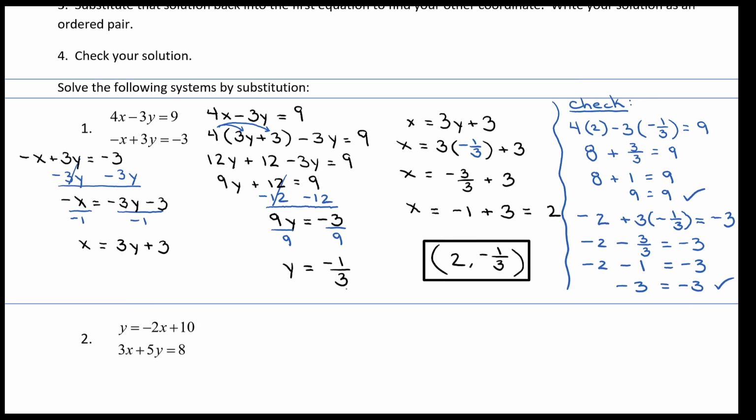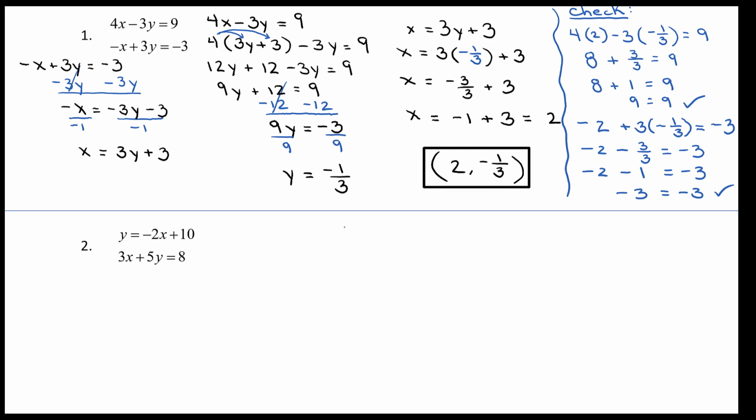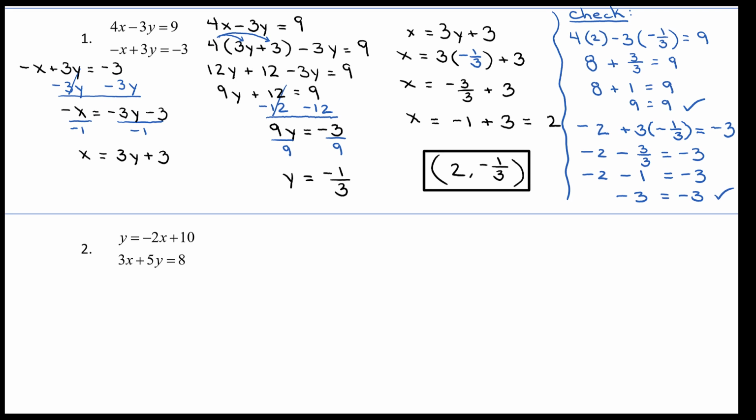All right, problem number 2. y equals negative 2x plus 10 and 3x plus 5y equals 8. Because this is already solved for y, we are just going to be able to directly substitute that negative 2x plus 10 into the y for the other equation. So this will be 3x plus 5 times the quantity negative 2x plus 10 equals 8.